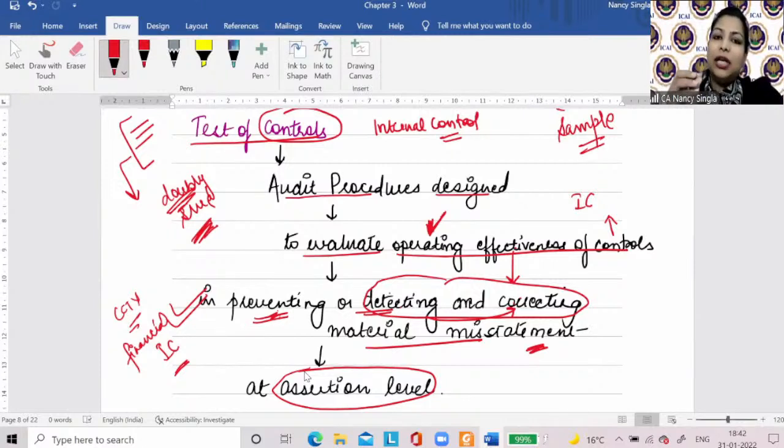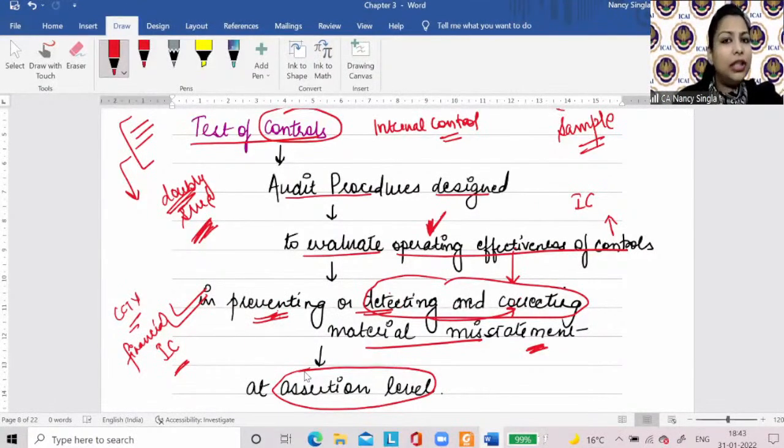That if an auditor decides under SA 315, when he was identifying and assessing the risk of material misstatement through understanding the entity and its environment, that I will not rely on the internal control. This is my strategy. I'm going to do all the substantive procedures. Okay?